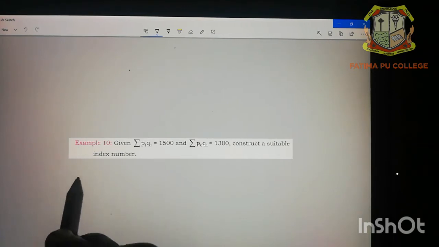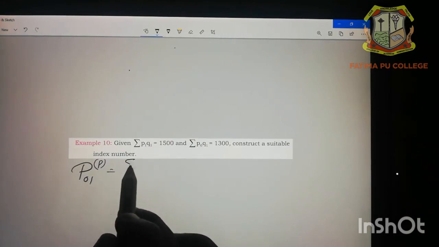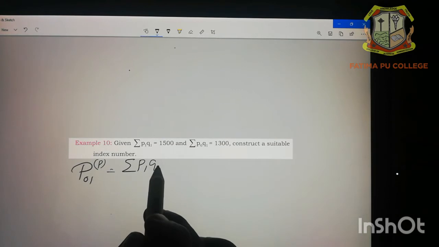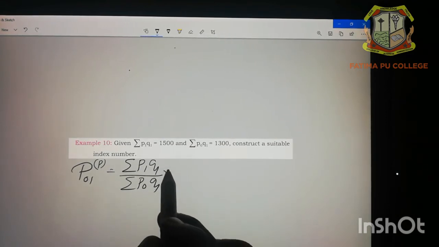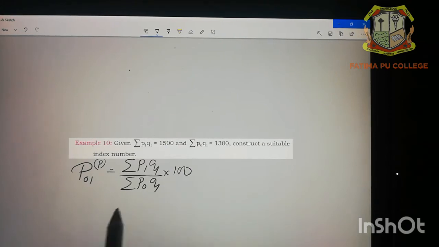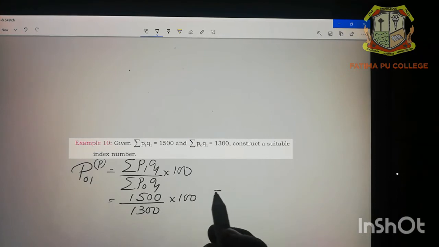It is Paasche's index number. The formula for Paasche's index number is summation P1 Q1 divided by summation P0 Q1 into 100, students.